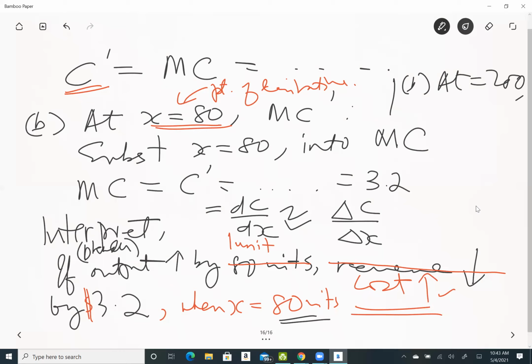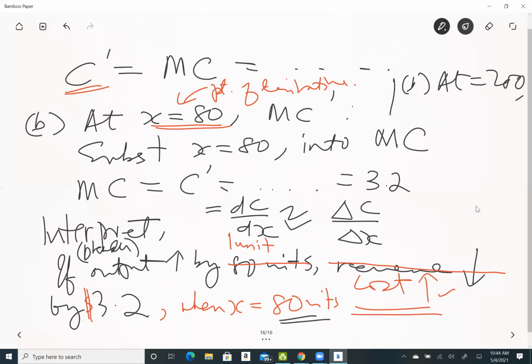Can I try, sir? Yes, anybody can try, the interpretation. If blender increases by 1 unit, the cost will increase by 32 when X is 200 units. That's good. If I produce 1 more unit of blender, the cost will increase by $32, at X equals 200 units.